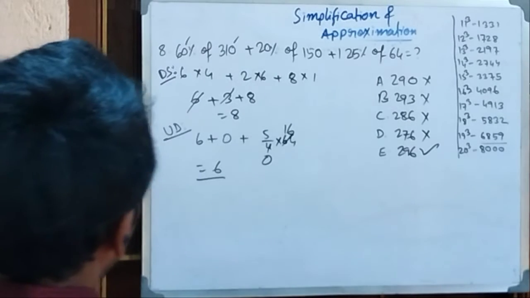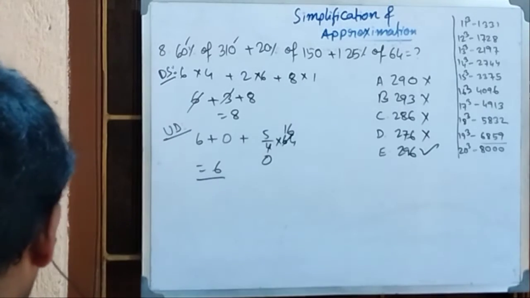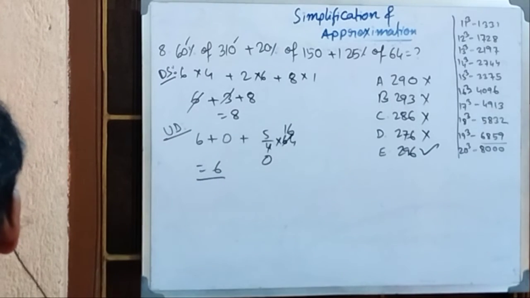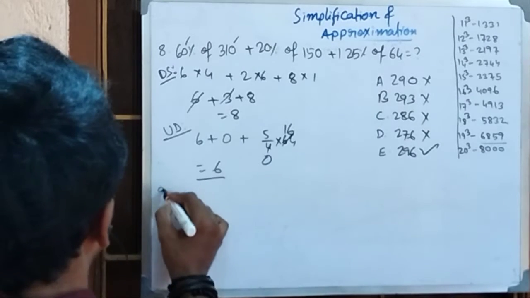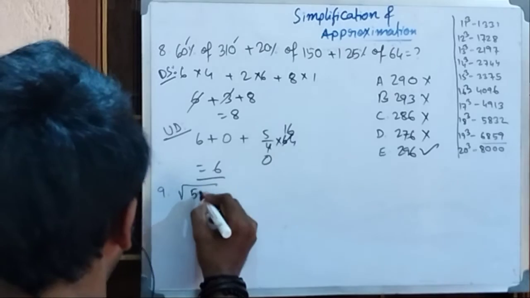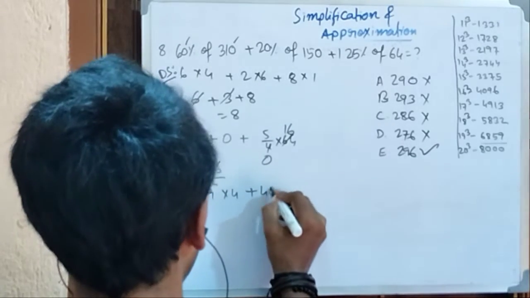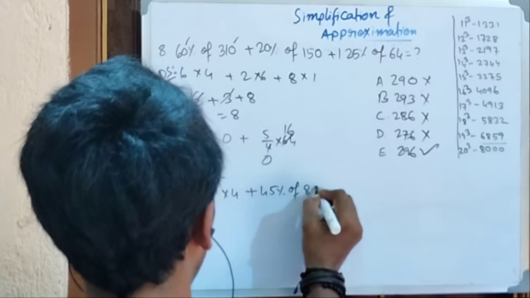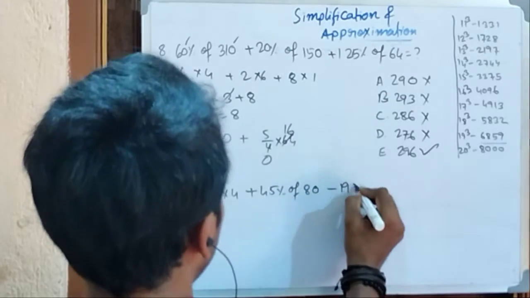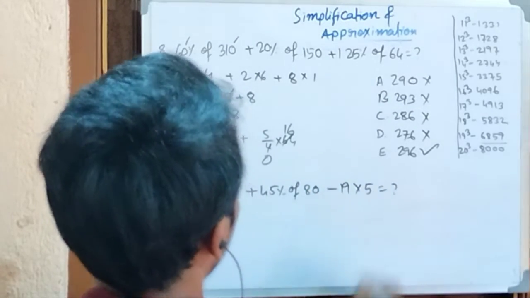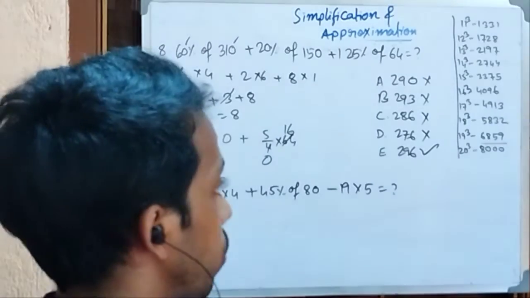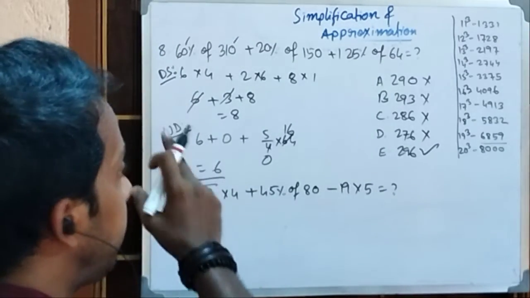Okay, so moving to the last two questions of simplification. Number 9. Square root of 529 into 4 plus 45% of 80 minus 19 into 5. Okay. Again I am giving the options, you have to use this UD and DS.